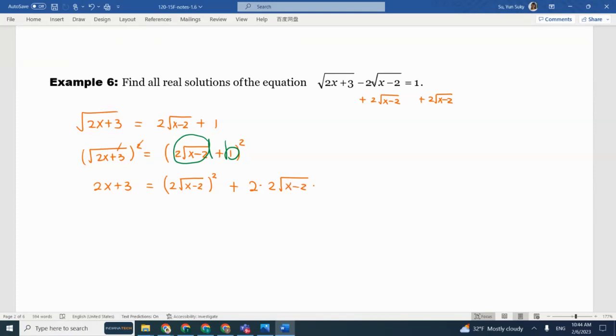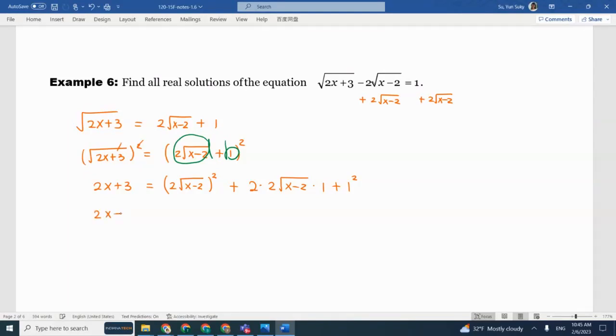What's your b? 1. Plus b squared, which is 1 squared. Right, everybody? Okay. We're using the complete square formula.